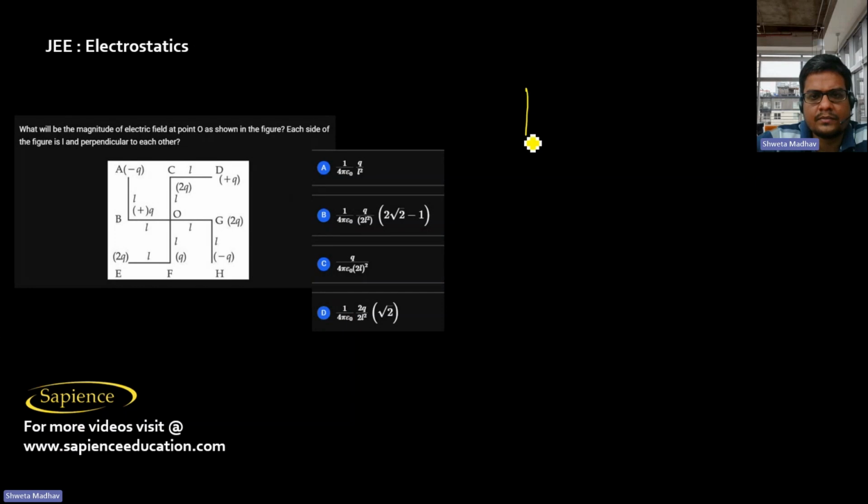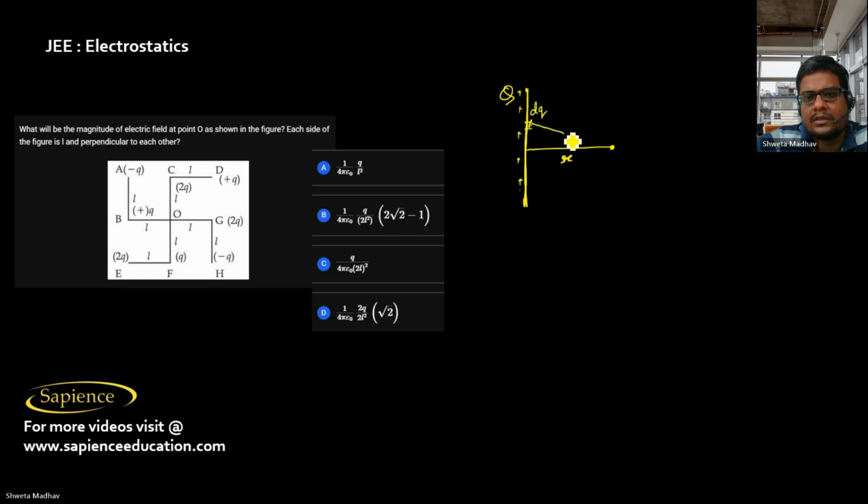Yeah, so suppose we take a uniform line charge, and we take a point at a distance r from this uniform line charge. Suppose it has charge q, then we will take a line element dq here.